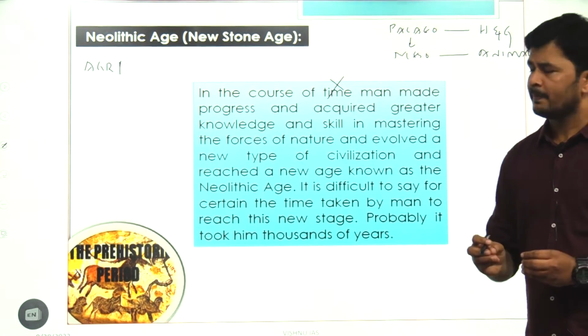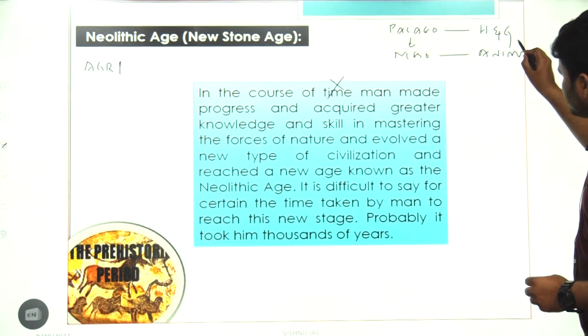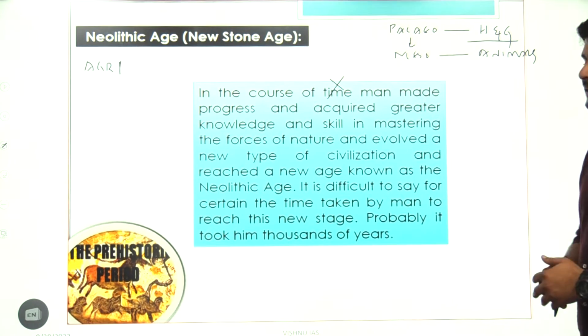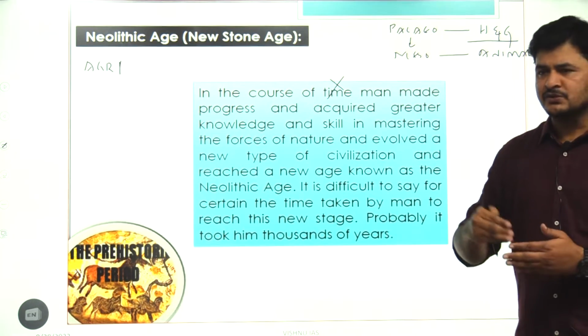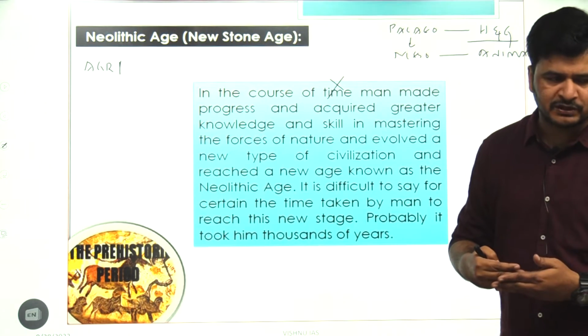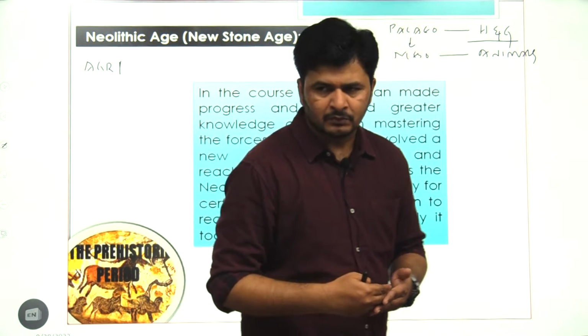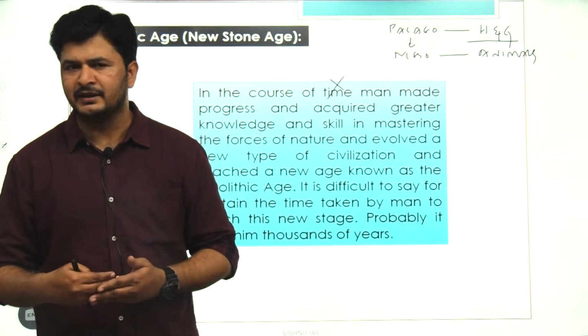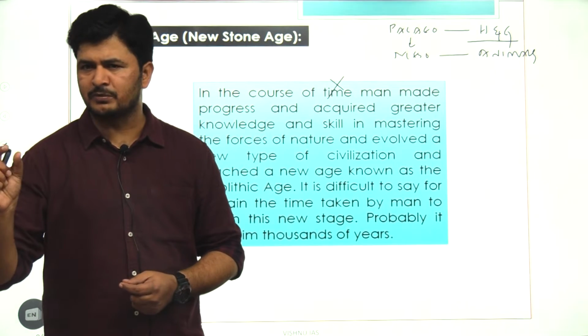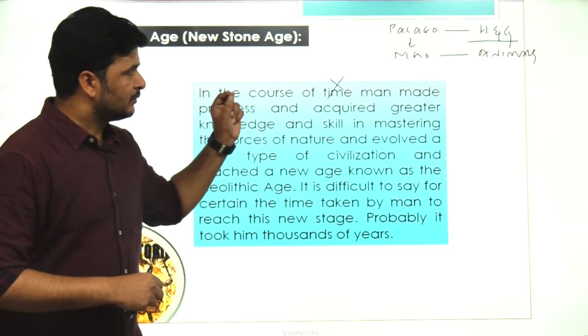The best example: the economic subsistence of Paleolithic people, hunting and gathering. When it comes to the economic subsistence of Mesolithic people, domestication of animals. I'm talking only about economic livelihood, please.